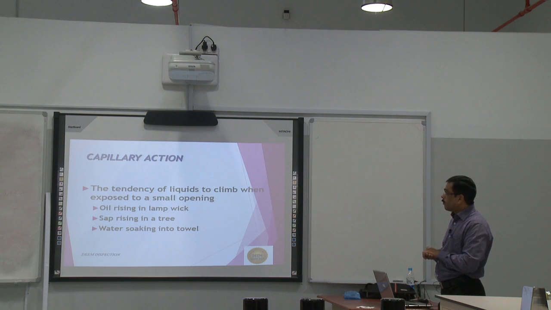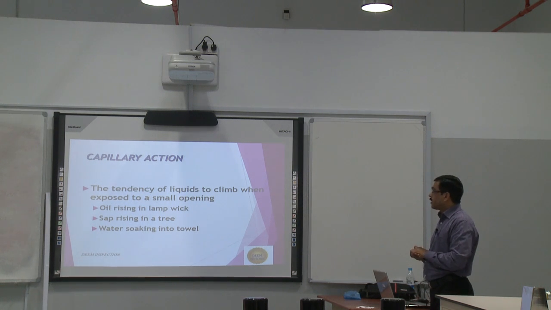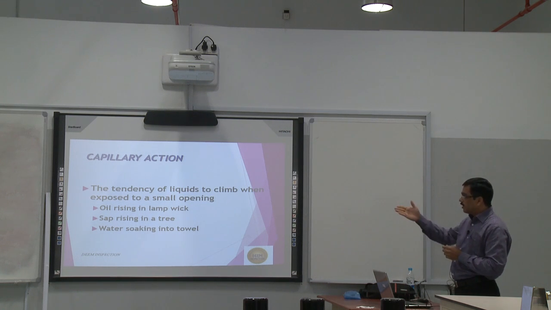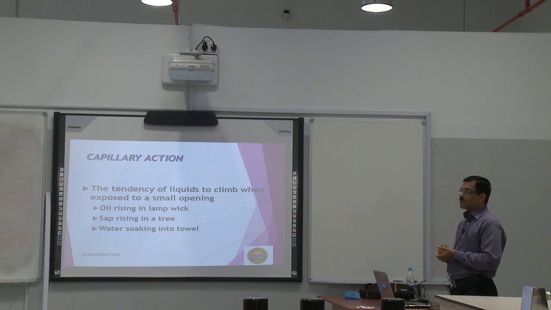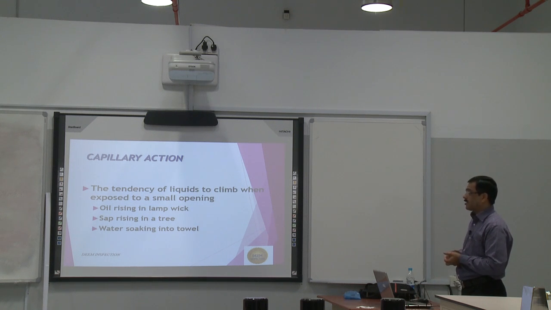It is the tendency of a liquid to climb when exposed to a small opening. So the basic principle of penetrant testing is capillary action. Like oil rising on a wick, sap rising in a tree, water soaking into a towel, or ink absorbing into chalk pieces. There are many examples of capillary action.